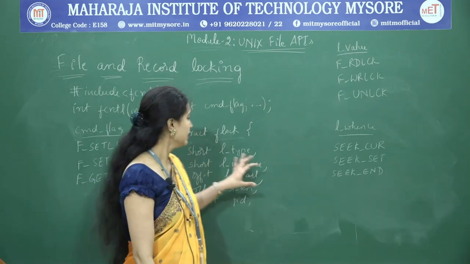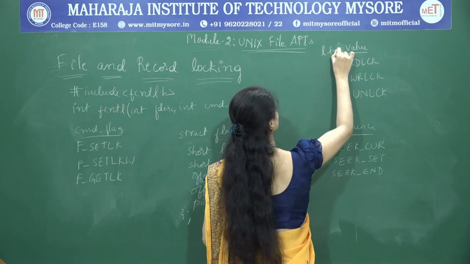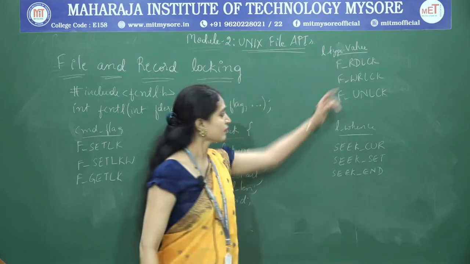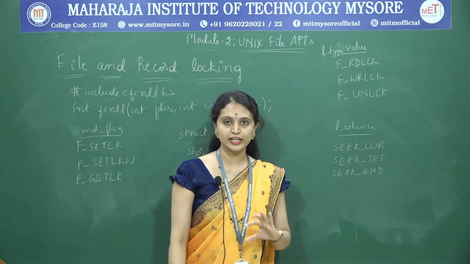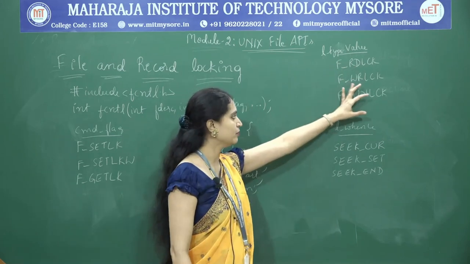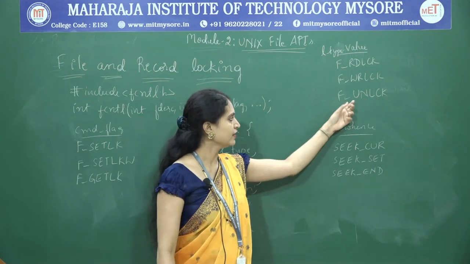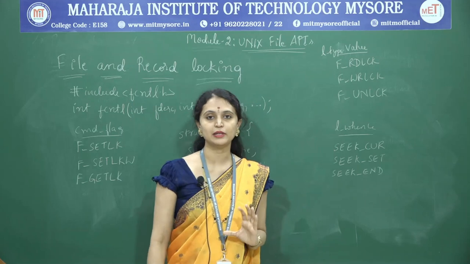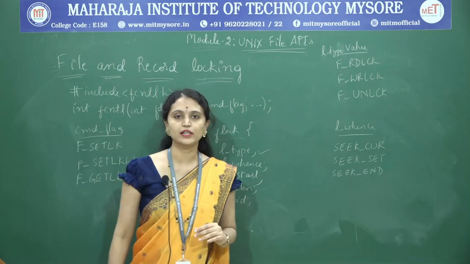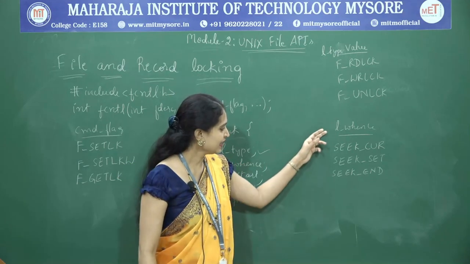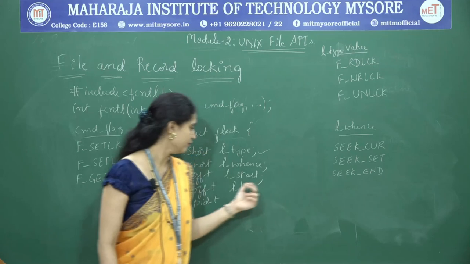The possible l_type values are F_RDLCK, which means read lock, F_WRLCK, which indicates write lock, and F_UNLCK, which means unlock. These are the possible values for types of the lock. Next, these are the possible values for the l_whence variable.